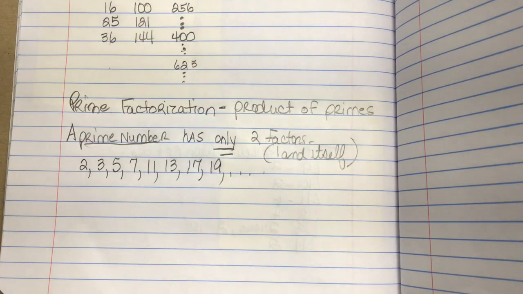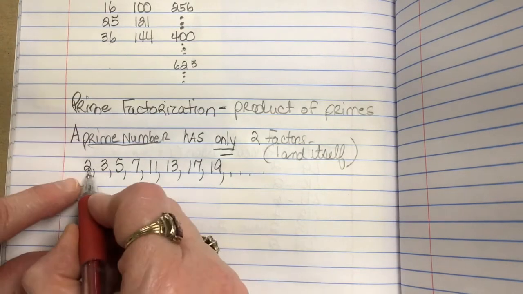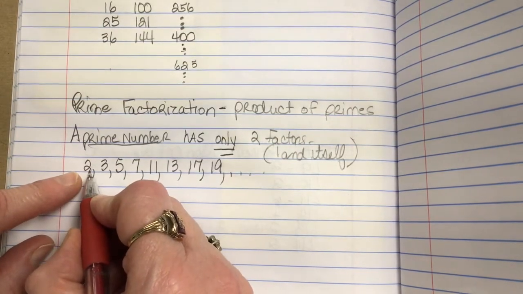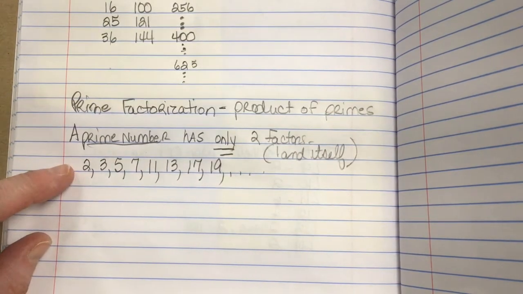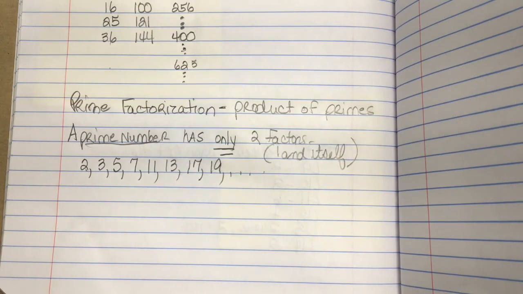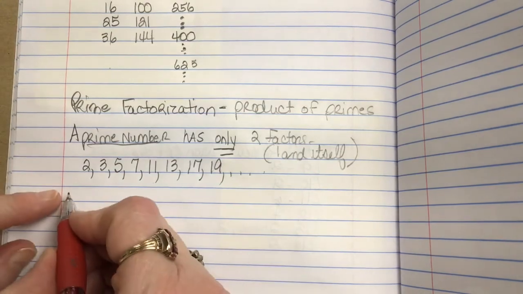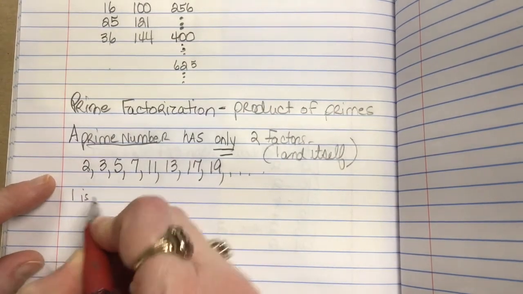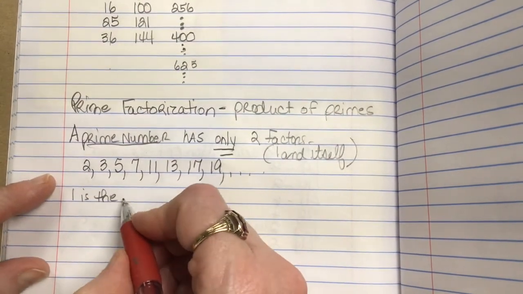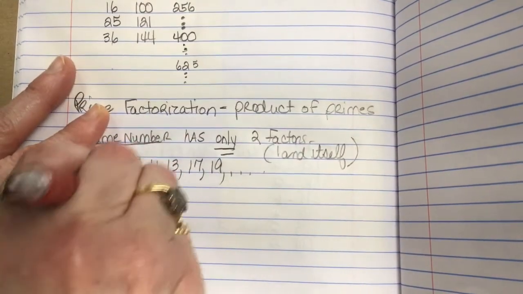And all the other numbers are composite except 2 is the only even prime number. Think about it, 4's 3 factors are 1, 2, and 4. If it's an even number, it's going to have 2 go into it. So if it's an even number like 52, I know it's got to be composite because 2 goes into it. And 1 is neither, let's say it that way.